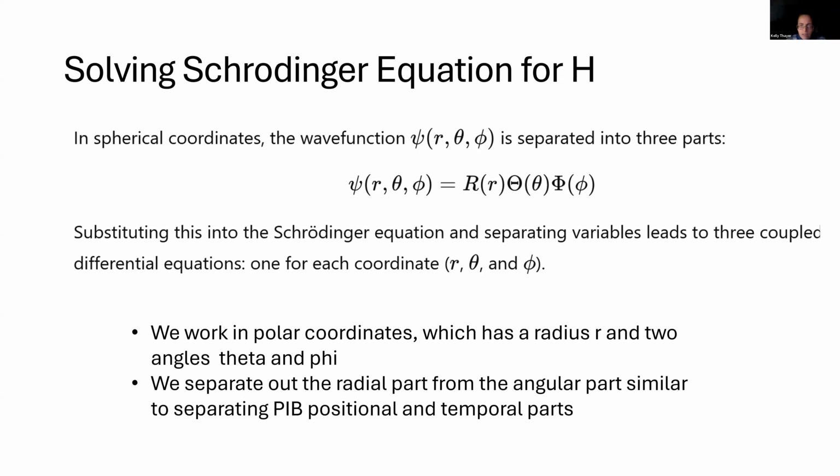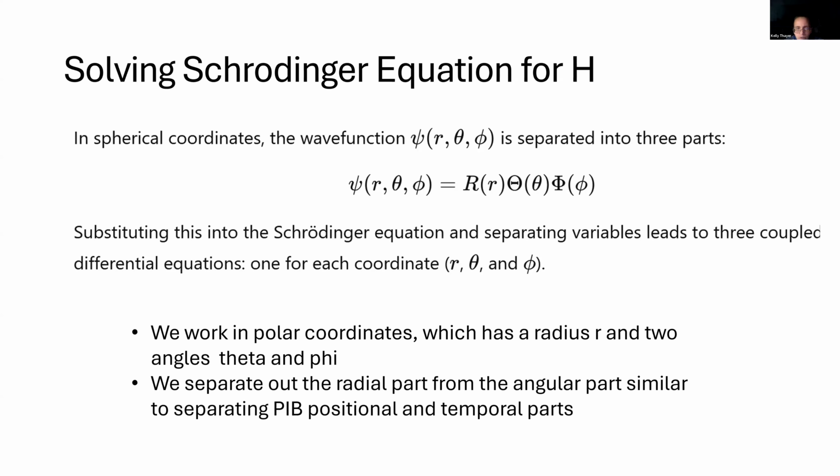Here we play a similar game where we assume that these are separable, and then post priori we can demonstrate that that was an okay thing to do because we can't have any cross terms. So long as they all separate out, then separation of variables is okay.